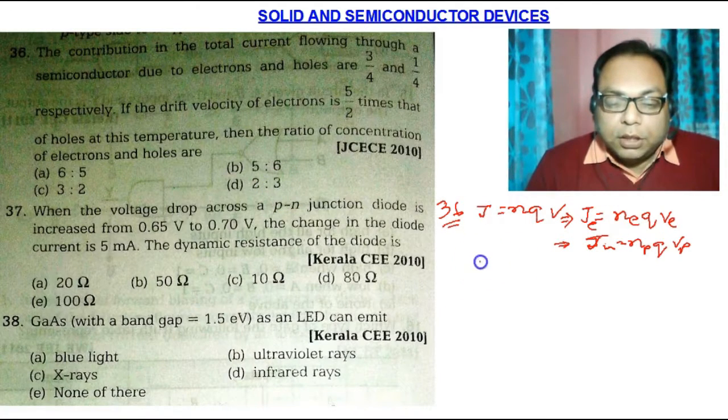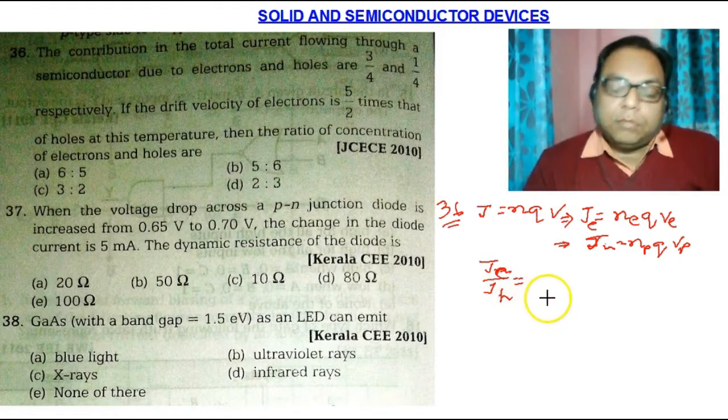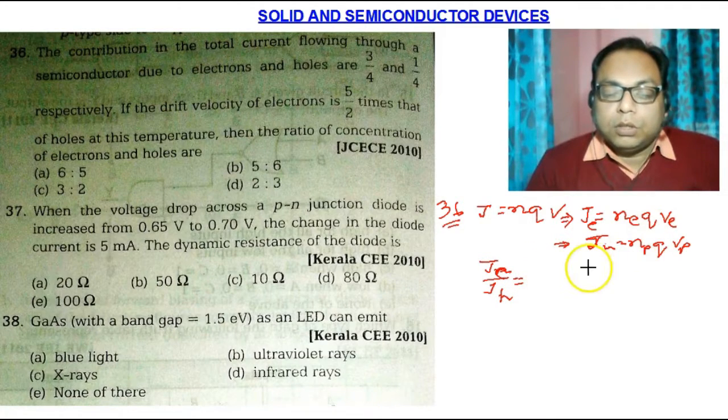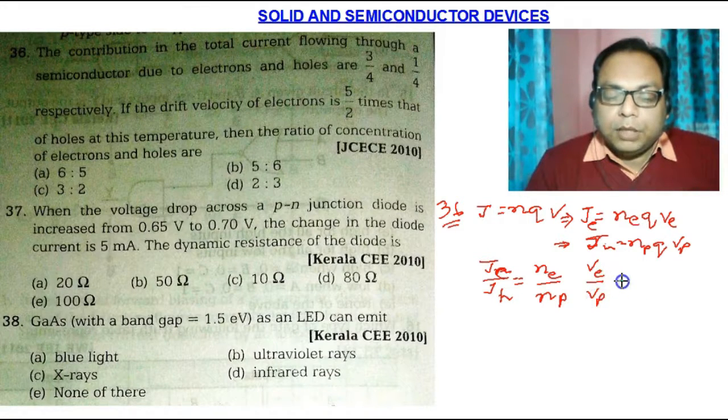So let's take the ratio J_e by J_h, the current density of electrons by the current density of holes. Now Q and Q will get cancelled, so we will get N_e by N_p times V_e by V_p.